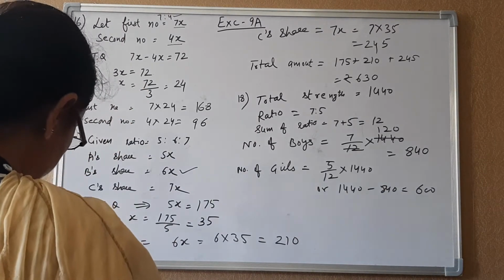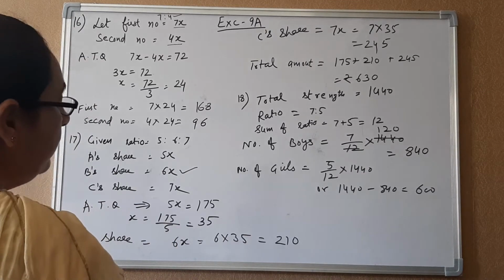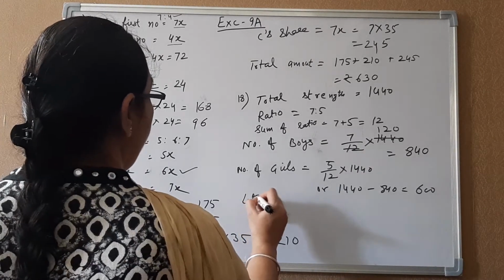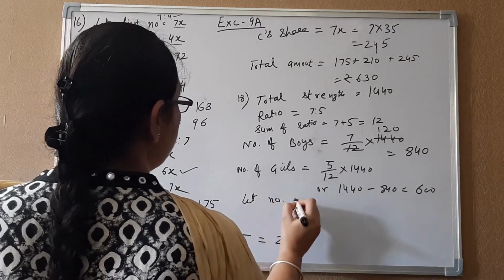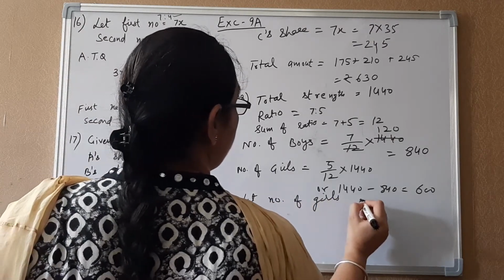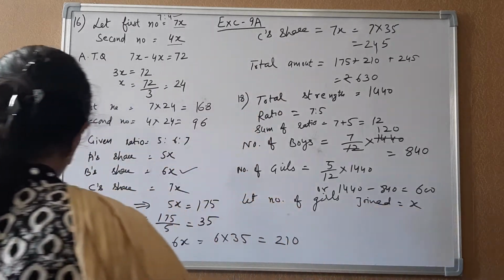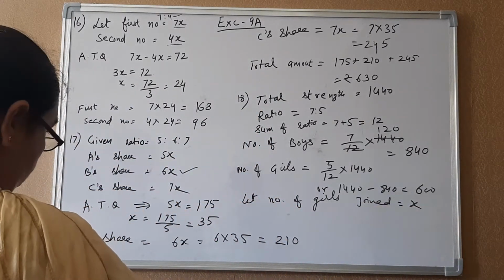Now what are they saying? That 40 new boys are admitted and let X number of girls be admitted. We want the ratio as 4:3.